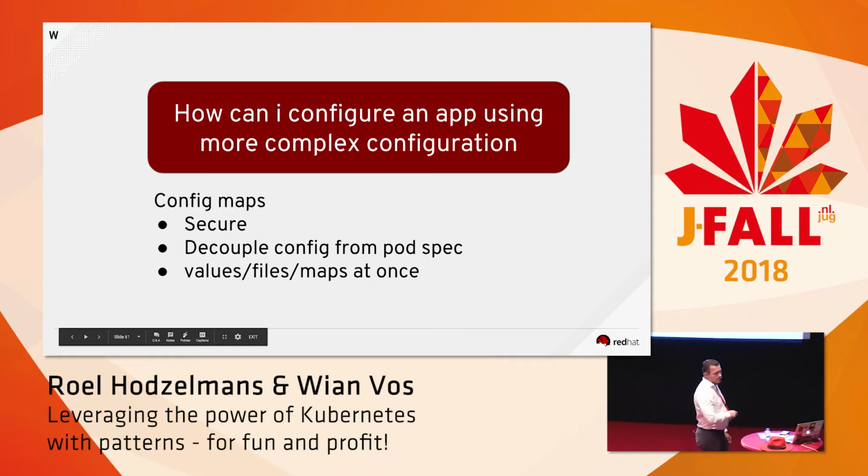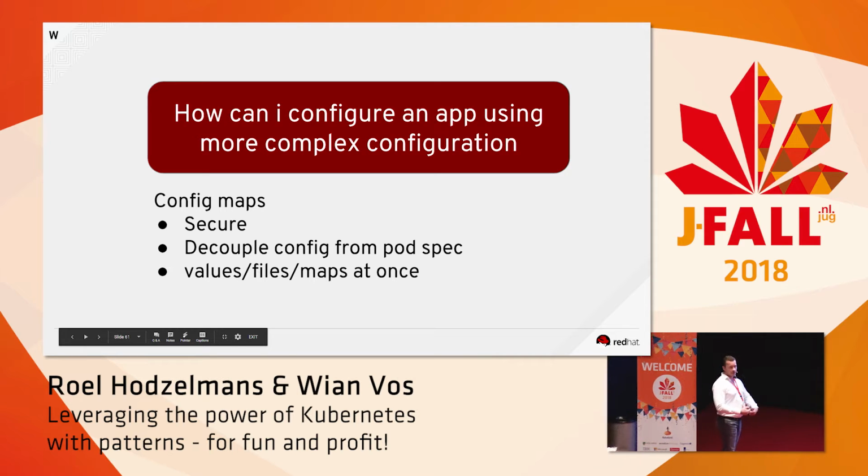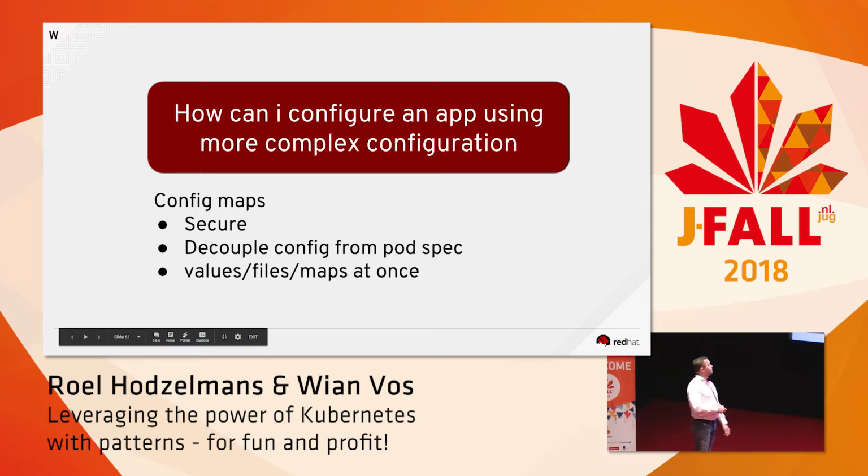How can I configure an app using more complex configuration? Because environment variables, although they often do the trick, it's usually not enough to do your entire configuration, right? So configuration maps are also a pattern commonly used in Kubernetes. It's facilitated by Kubernetes. It's secure. It's decoupled.